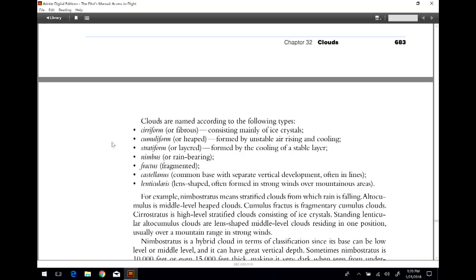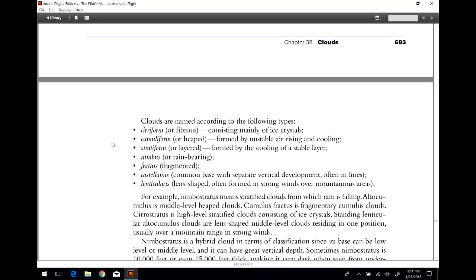Fractus, they're going to be some form of a fragmented cloud out there, something that looks kind of like a broken picture that you might see. Castellanus, these can have some vertical movement, but you kind of see them in lines.